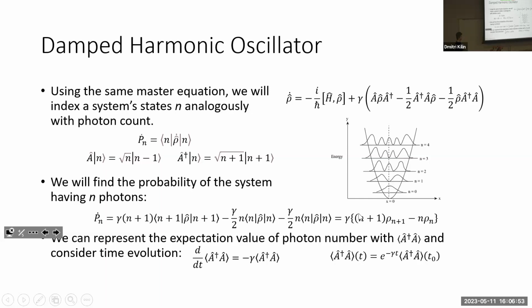That will simplify to this term over here. Sorry, the mouth is kind of covering it. But this A and A dagger term, as I've shown up here, I'm using to represent these states. And so A dagger A represents the expectation value of photon count for the system. And here's how you apply time evolution to it. It's going to be in the exponential.